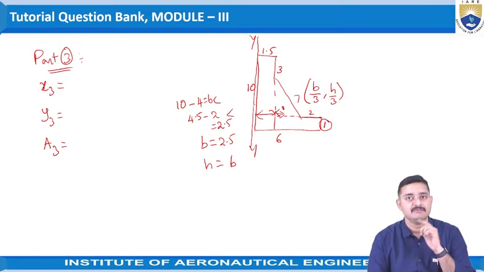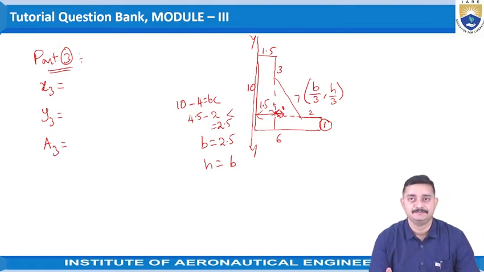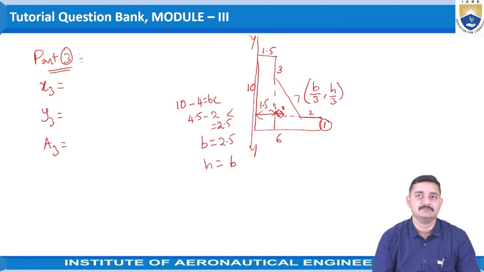This distance is given as 1.5, plus this distance which we have just calculated, which is b by 3. So x3 can be written as b by 3 plus 1.5.